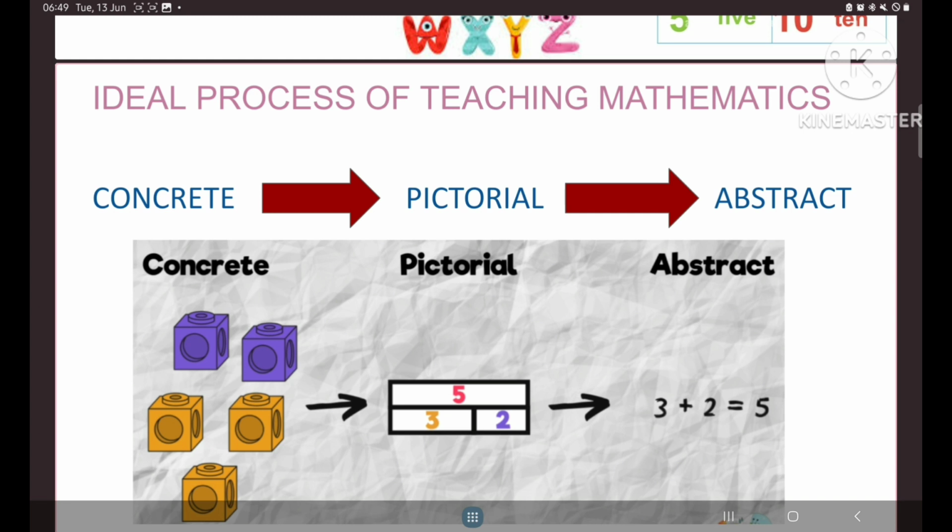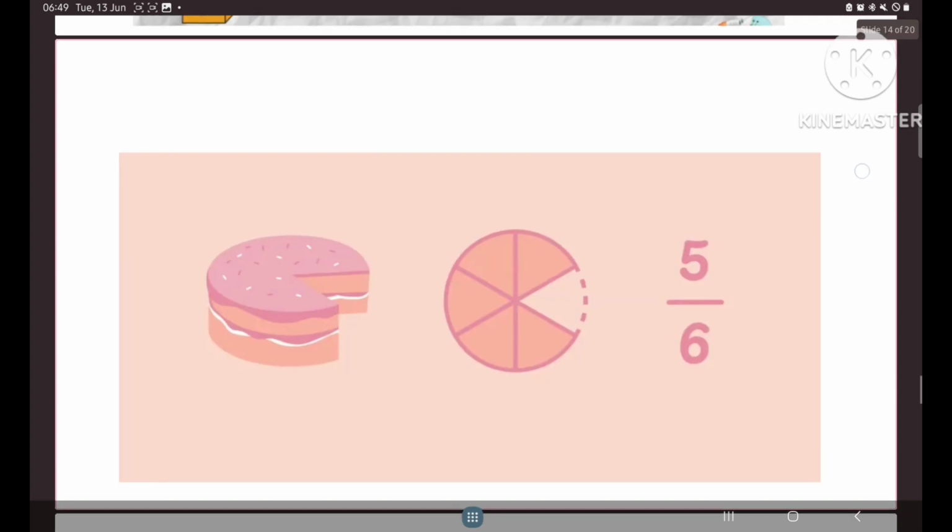The ideal process of teaching mathematics. There are 3 stages in the ideal process of teaching mathematics. The first stage is the concrete stage, the second stage is the pictorial stage, the third stage is the abstract stage. This diagram shows the 3 stages of the ideal learning process of mathematics.